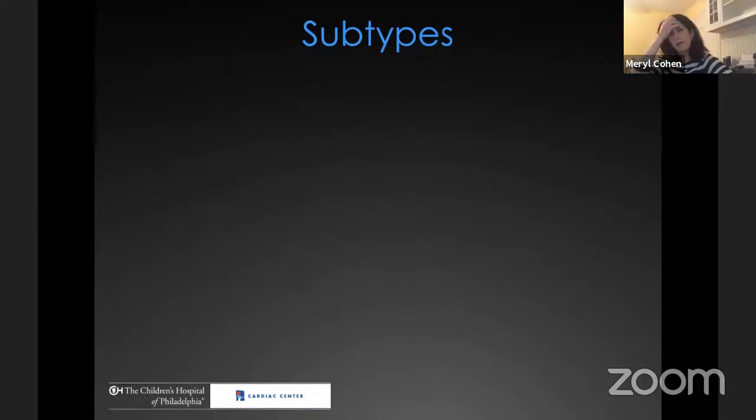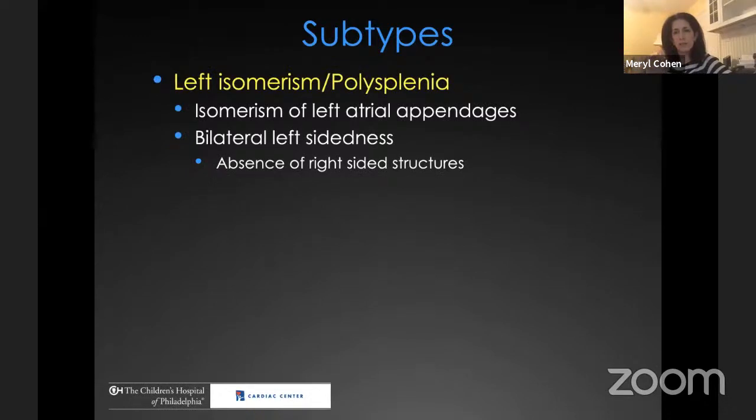When you think about isomerism or heterotaxy, patients typically fall into two subcategories, and it's good to think about, particularly when you're imaging a patient, the disease in terms of these two subtypes. The two subtypes are left isomerism or polysplenia, which is the von Prague term.